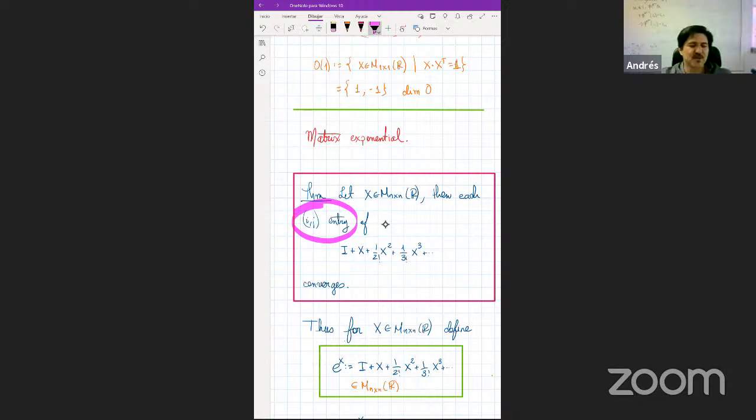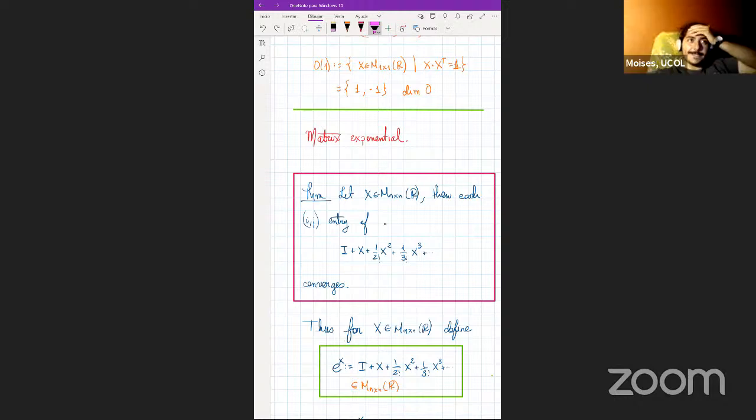Sometimes this is also defined in not only linear algebra, but also in the class of differential equations. They also need this. Do you remember when you learned this, Moises? In linear algebra and for some extended topics of differential equations, yes.